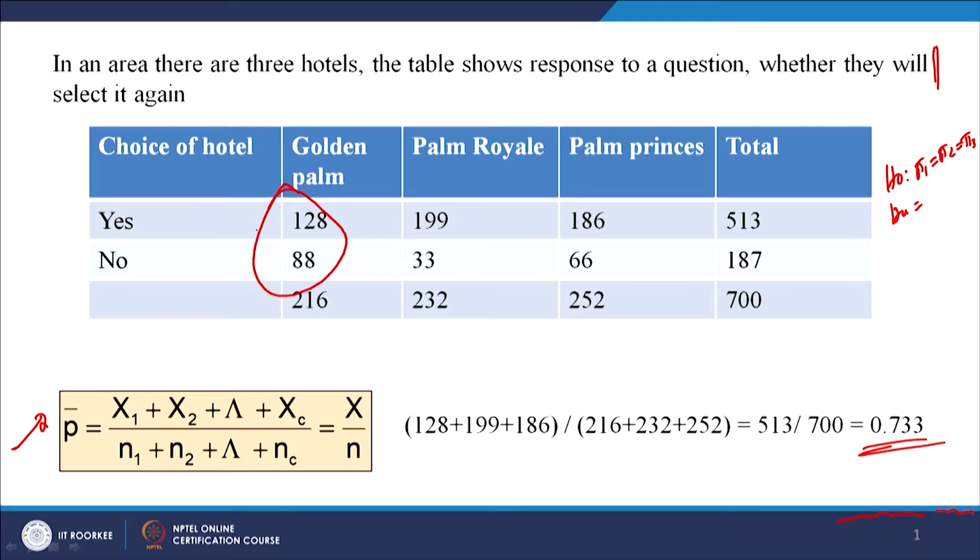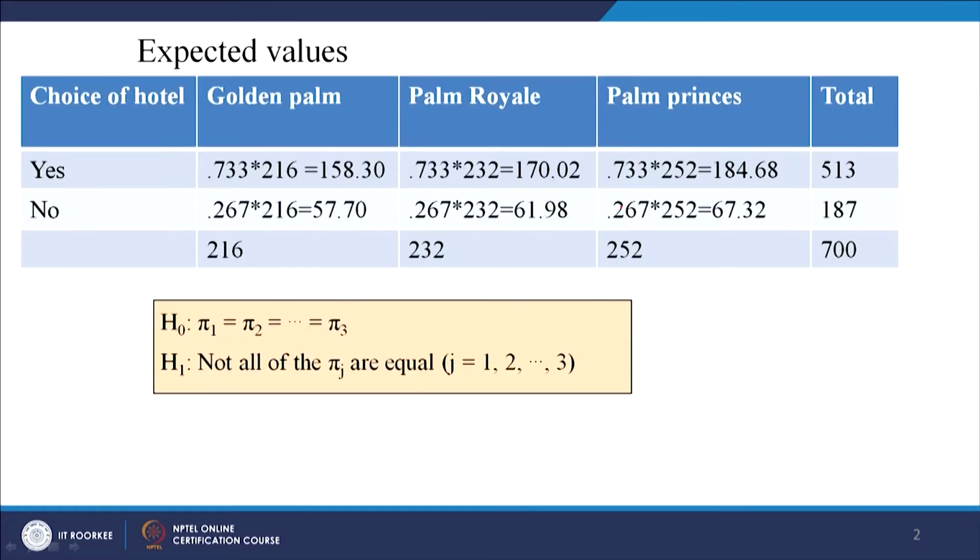All these are observed frequencies, and the expected frequencies would be 0.733 multiplied by 216 for those customers who would come again to this particular hotel, and 0.267. How did we get this? This is 1 minus 0.733, which is 0.267, multiplied by 216. So, 57.77 customers said they will not come to that particular hotel, right.